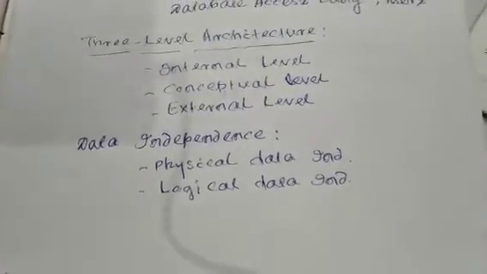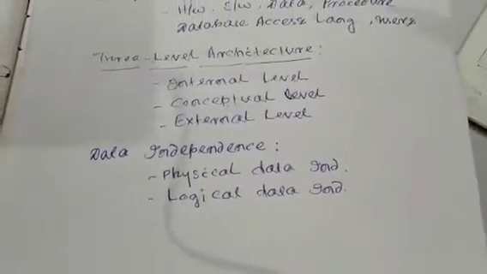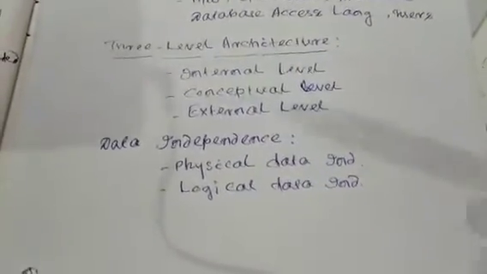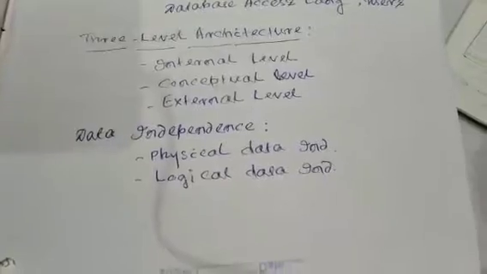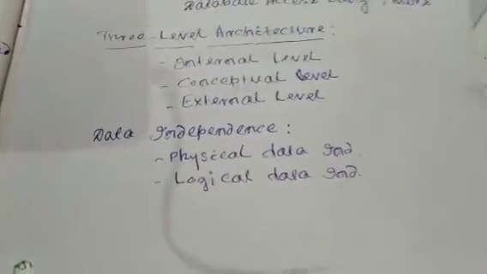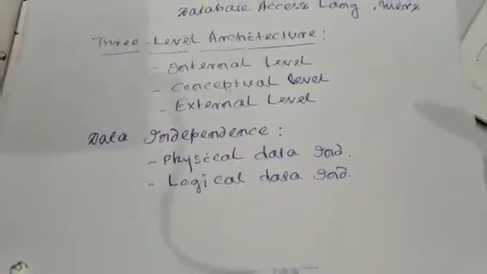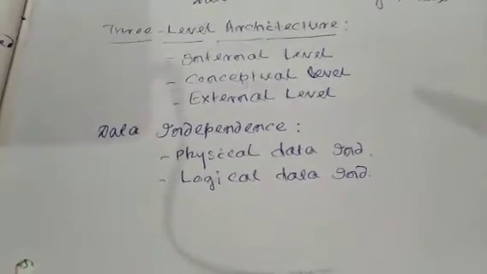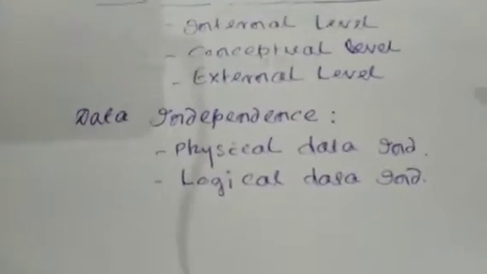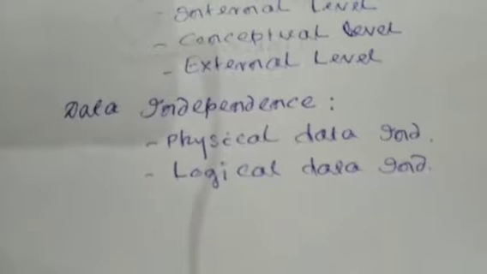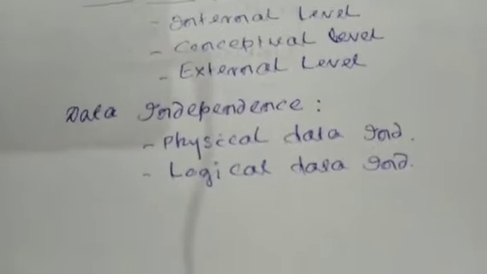What do we mean by data independence? There are three levels of architecture in DBMS. Whenever it is required to change the schema of one level, that will not affect the other level.